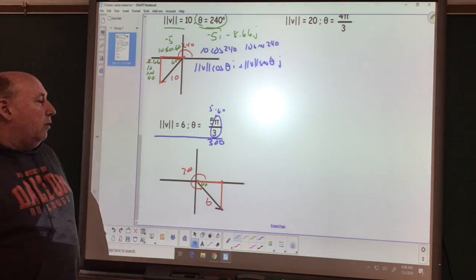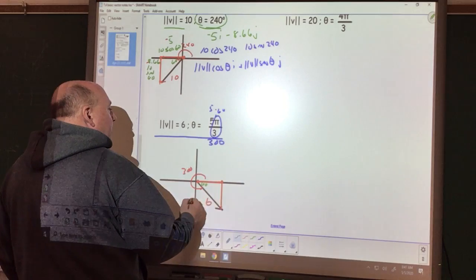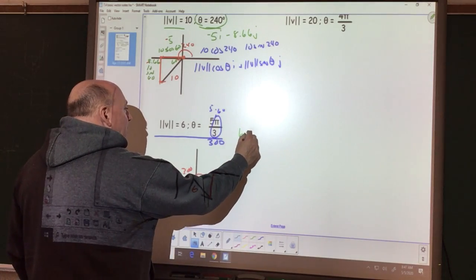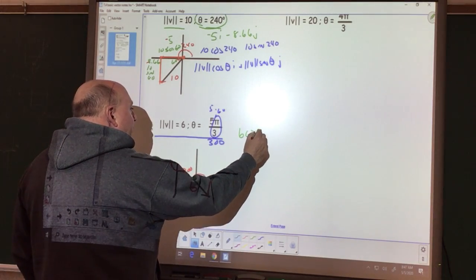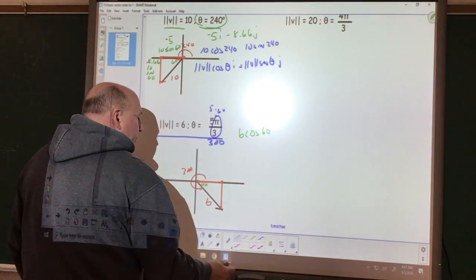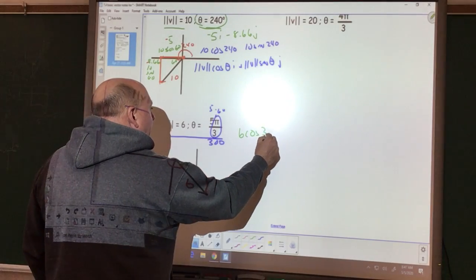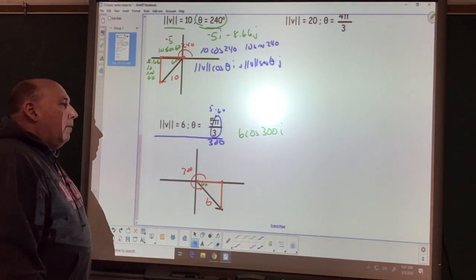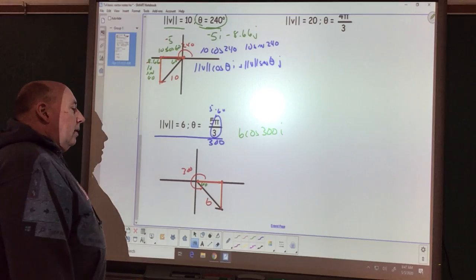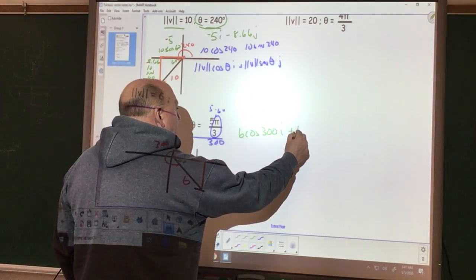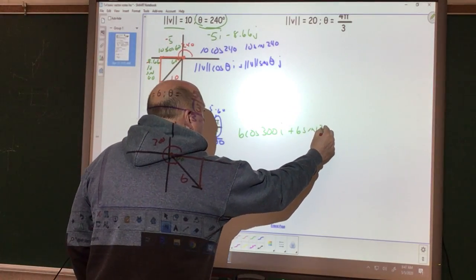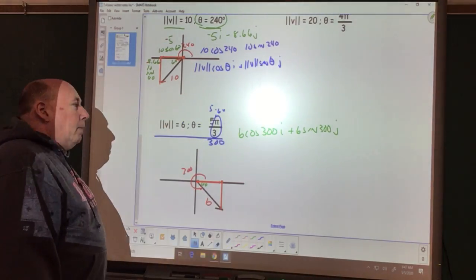Or what I can do is my horizontal component, I'm going to have 6 cosine of 300 i plus 6 sine of 300 j.